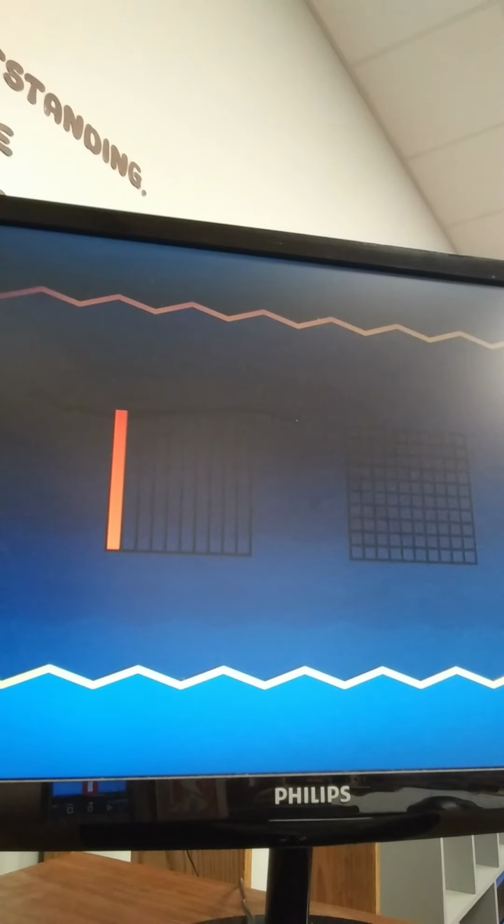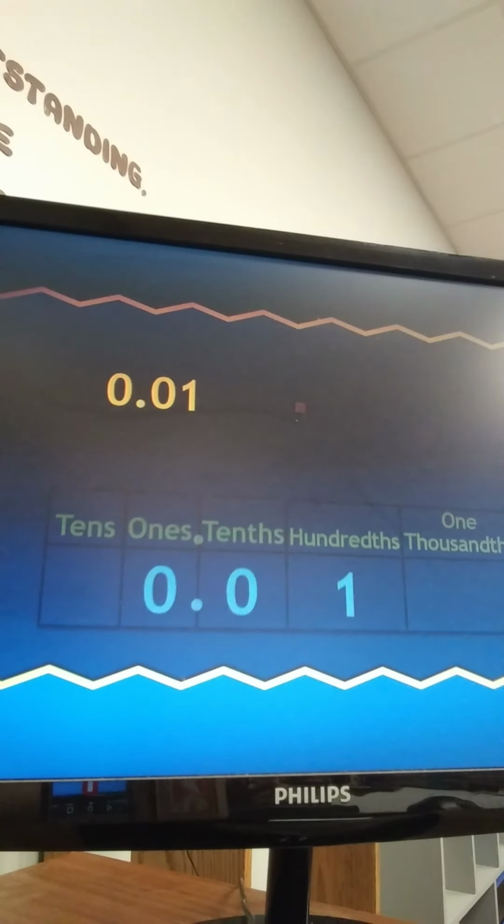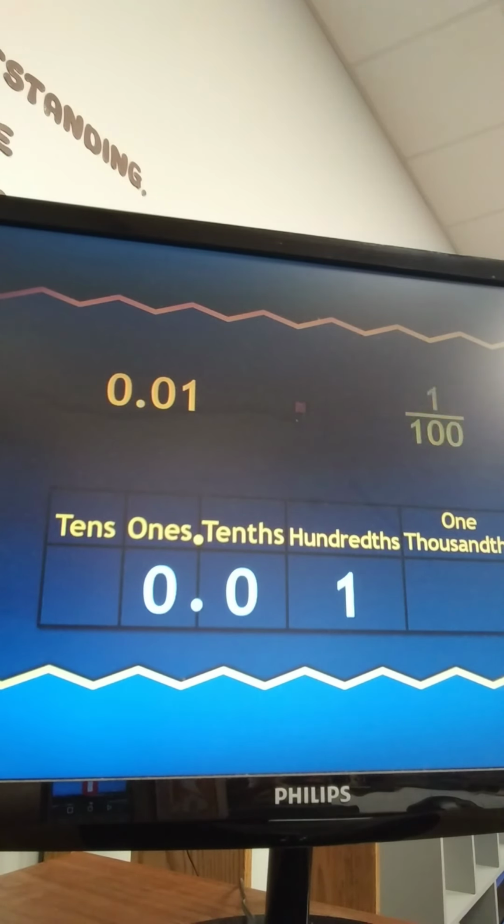Okay, another representation here. We're comparing, you can see that. And showing by that 1/100th is equal to 1/100th.